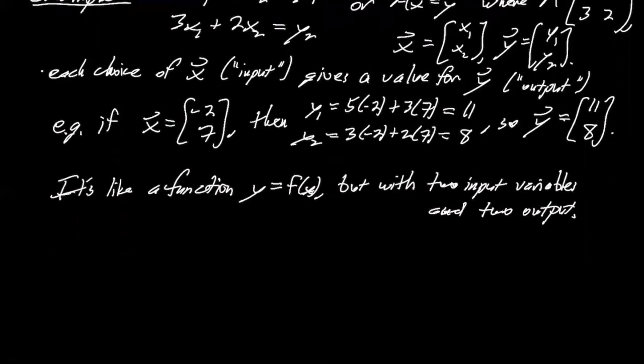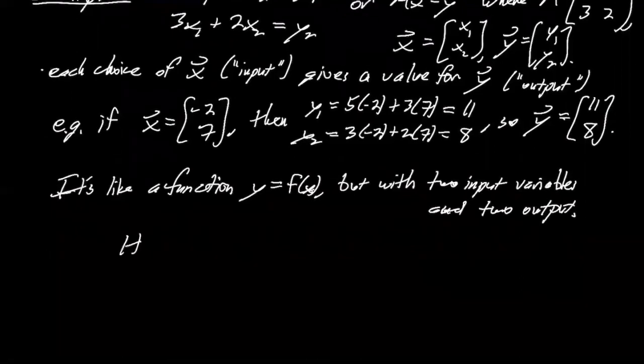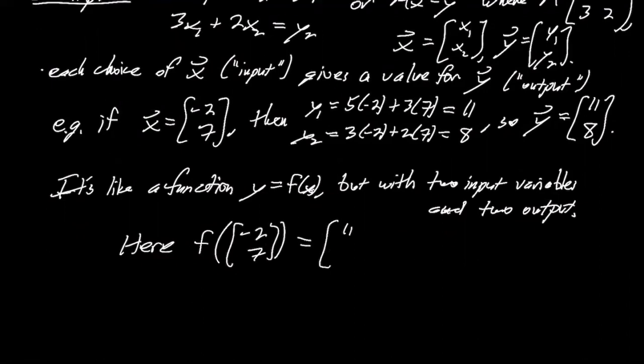So if we want to think of it like a function, we would say that if we plug in the vector -2, 7, we get out the vector 11, 8. That's the idea: we're going to think of this as a function, and that's going to turn out to be a very useful way to think about matrices and about systems.